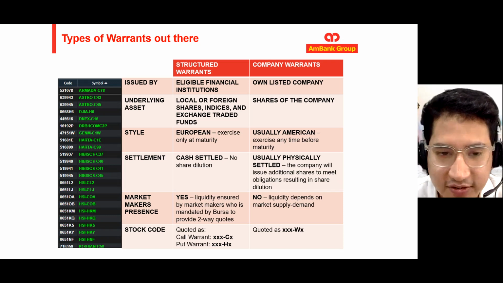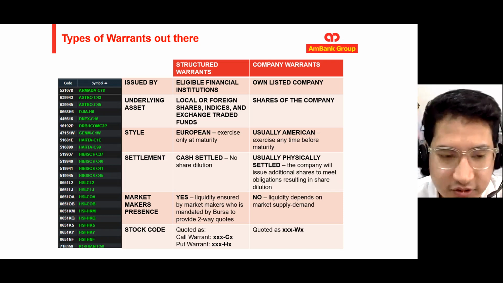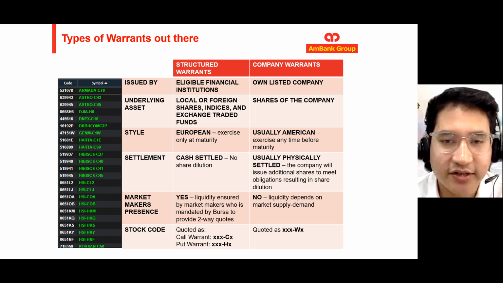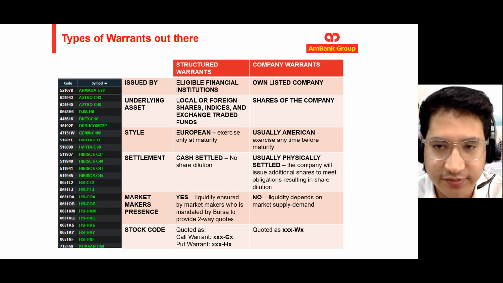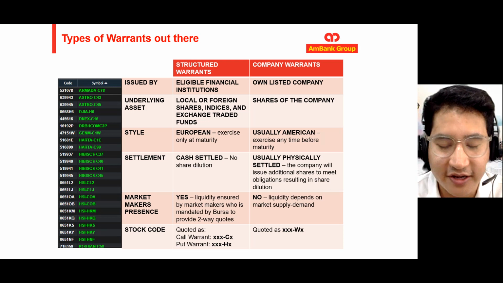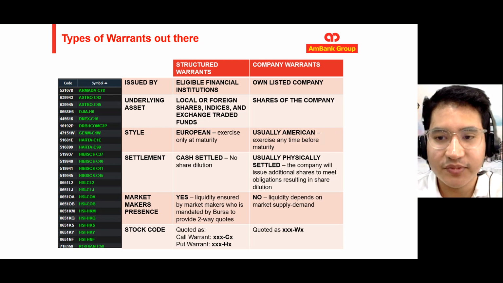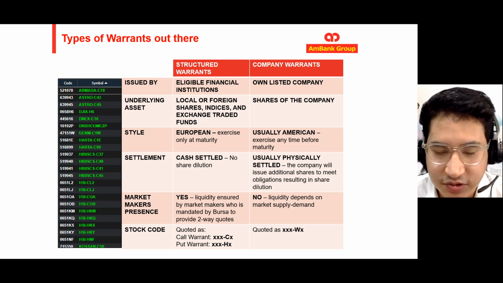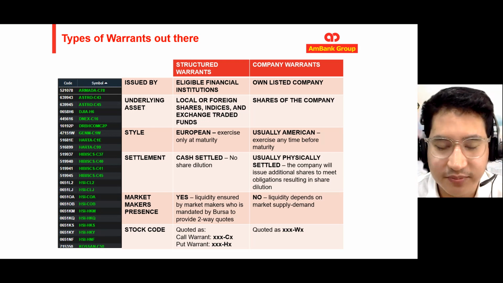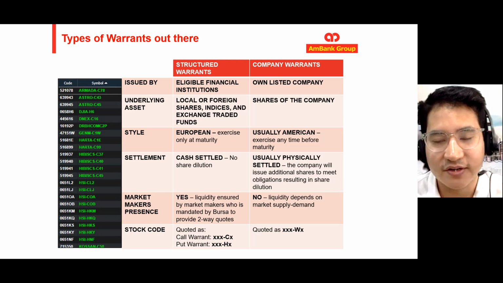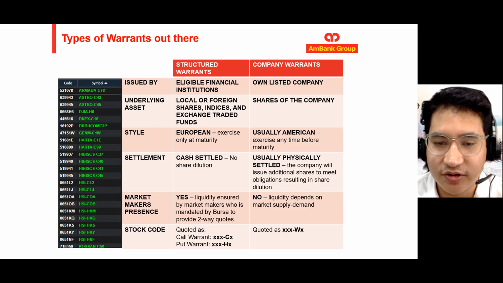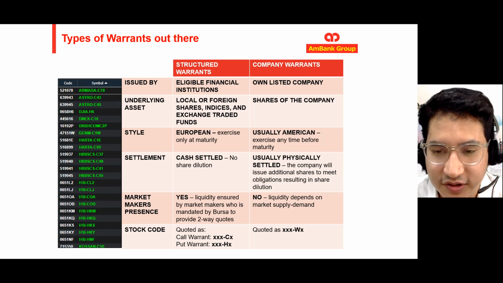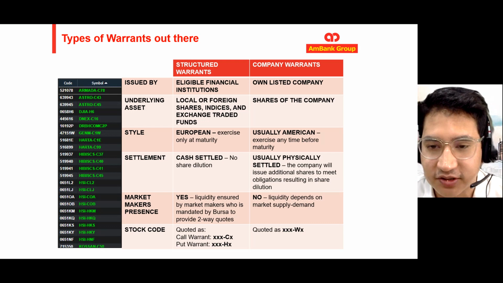So us as a bank, as an issuer, we will provide a buy and a sell order all the time for you to enter or exit whenever you want to. For company warrants, it's not the case. It's usually by market supply and demand. So it's very dependent on the warrant, and you're not so sure that you can exit or enter, depending on the liquidity.